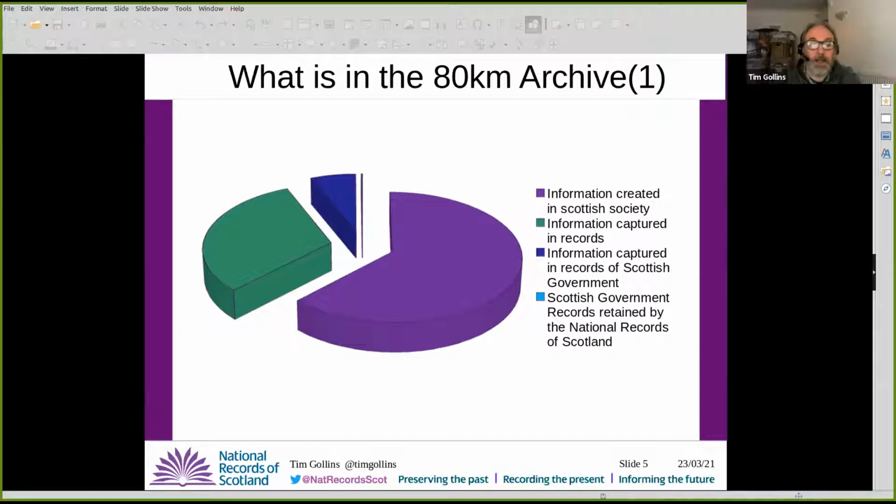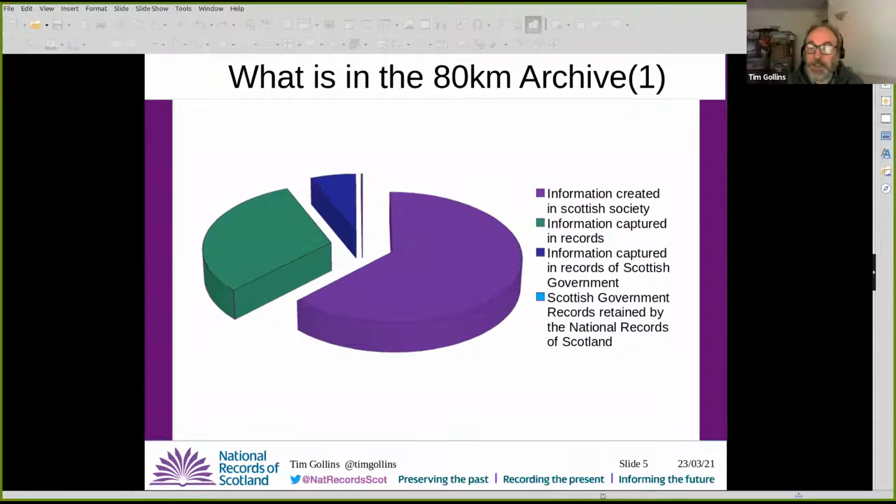If we look at this pie chart, we have all the information created in Scottish society. Then we have the information that's captured in records, records being official evidence of transactions. Then we have the information captured in the records of the Scottish Government.